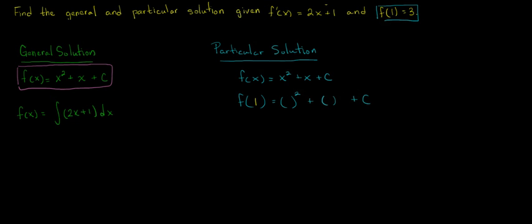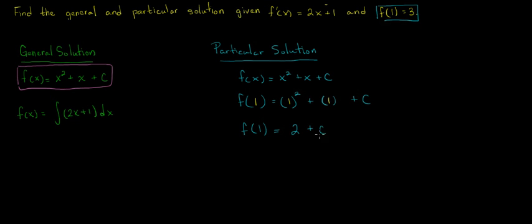But remember, we're replacing all our x's with 1s. So a 1 will get plugged in. And if I clean this up, I will have f of 1 is equal to 1 squared. 1 squared is just 1, and 1 plus 1 will get 2, so we'll have 2 plus some constant c.